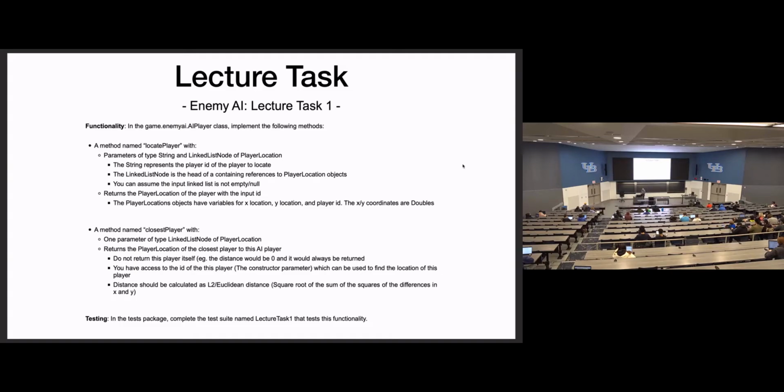And then finding the closest player to a specific point by going through the list and doing a minimization problem. What's the closest player, and then finding that player. So playing with linked lists, and we will be using the linked list node class, the one that we've seen in lecture. That's the one that you'll have to use in your assignment. So we're not using a Scala list for these ones as the input.